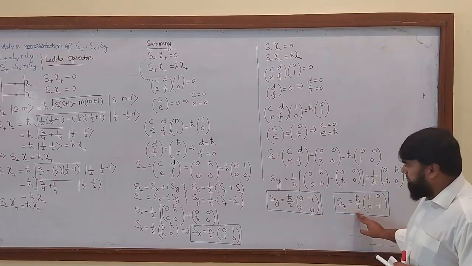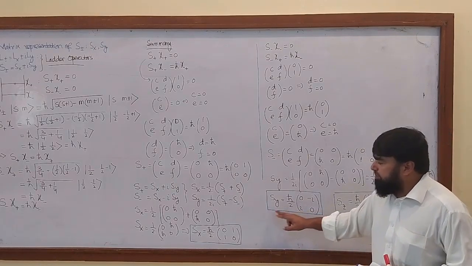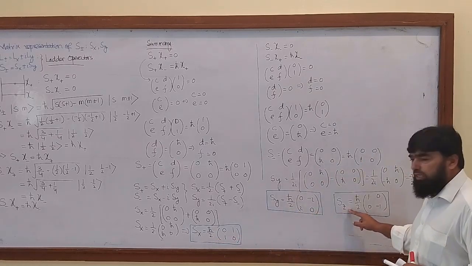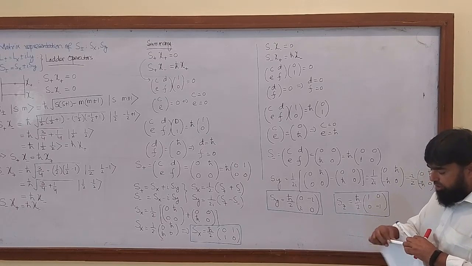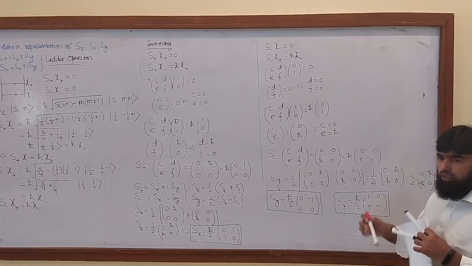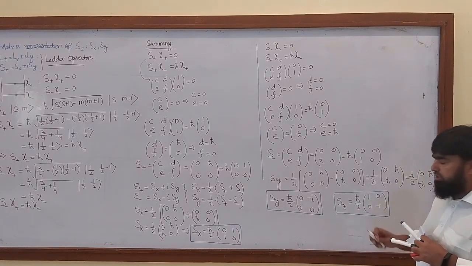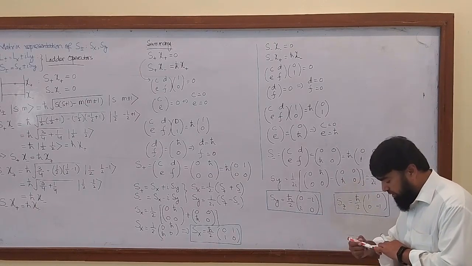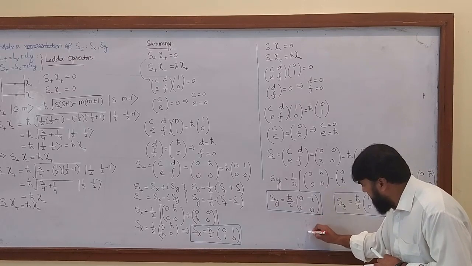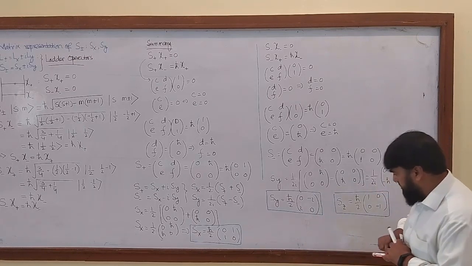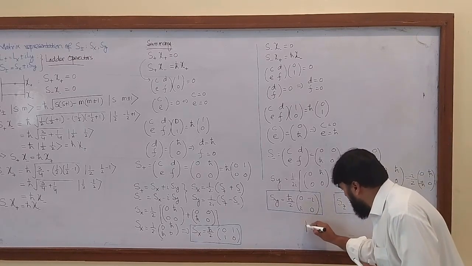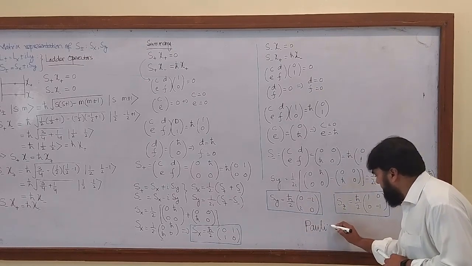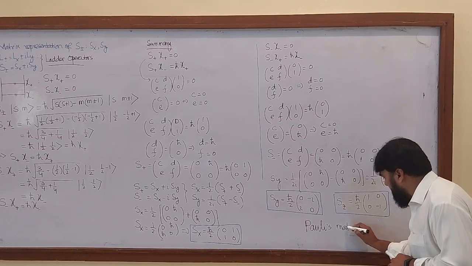Sometimes these are represented by sigma x, sigma y, and sigma z. And we call them the Pauli matrices.